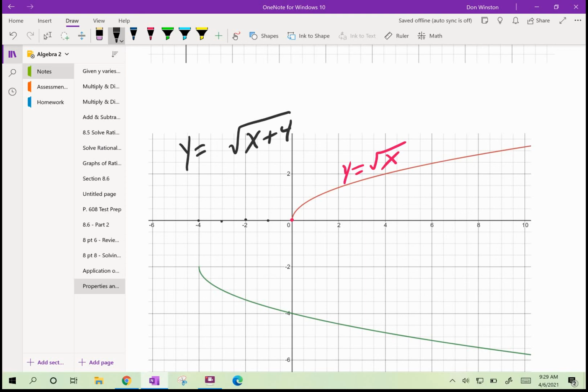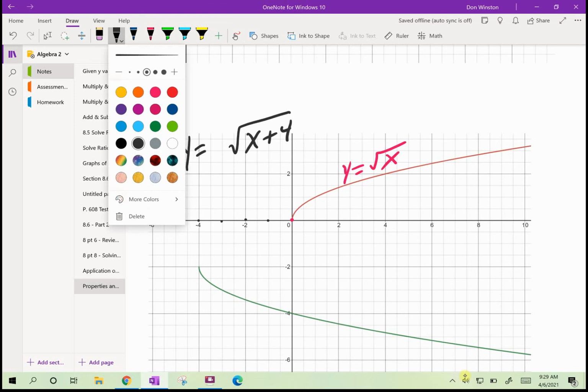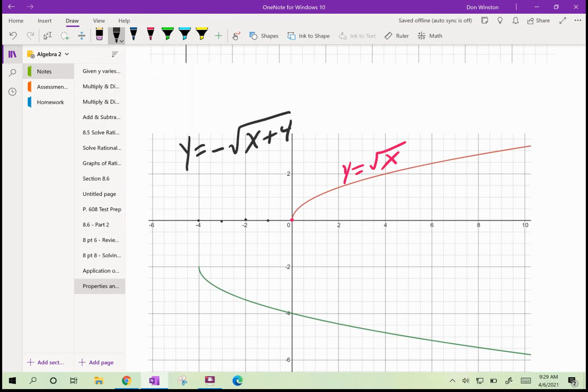I reflected the graph across the x-axis, so I need a negative. And then I shifted the graph down 1, 2 units. So this function is going to be y is equal to negative the square root of x plus 4 minus 2.